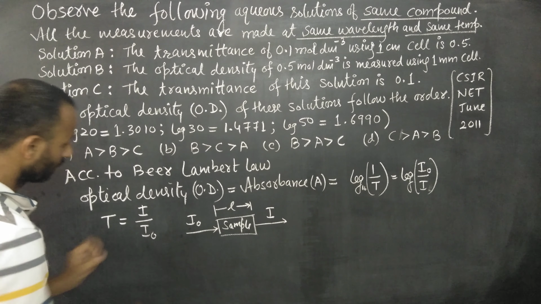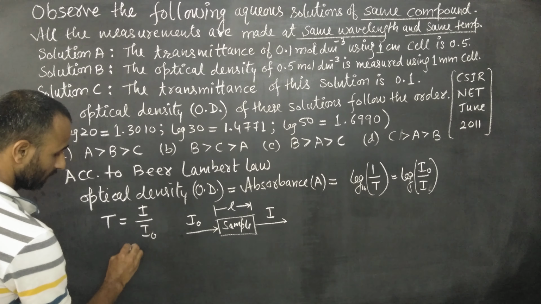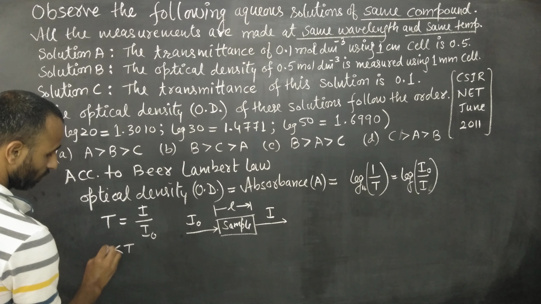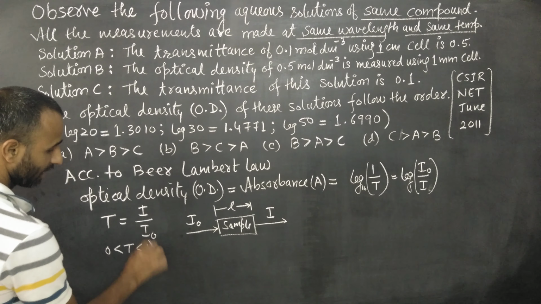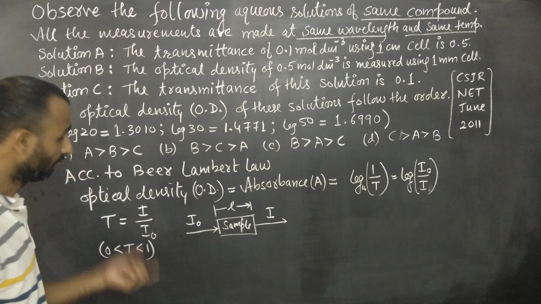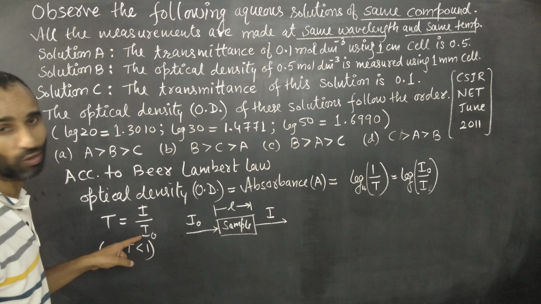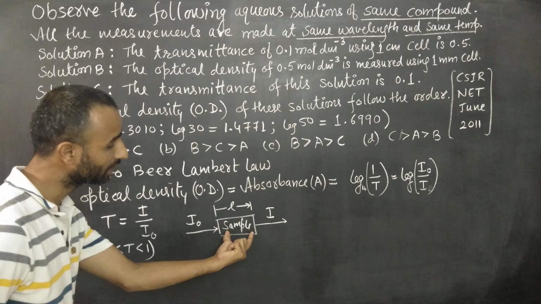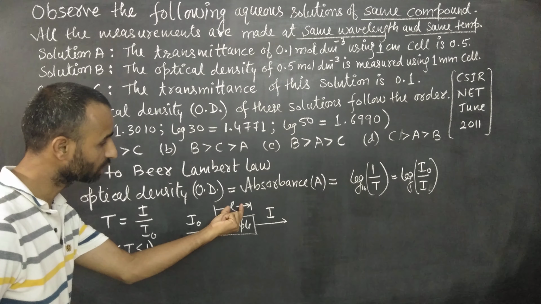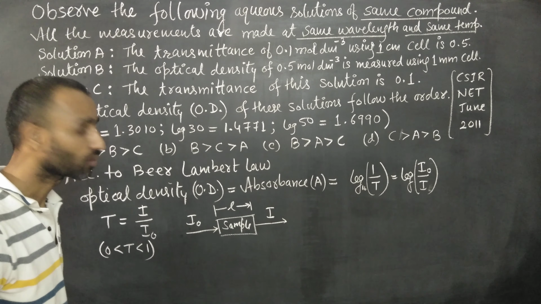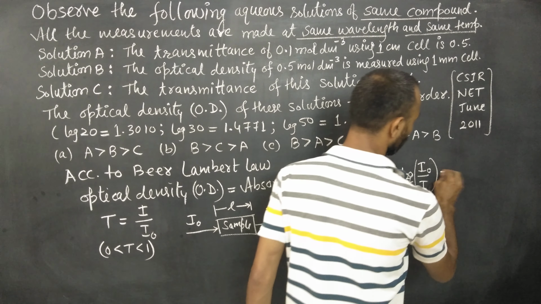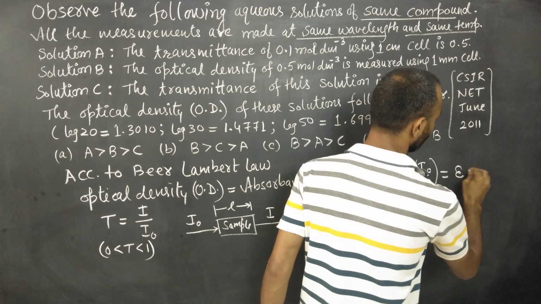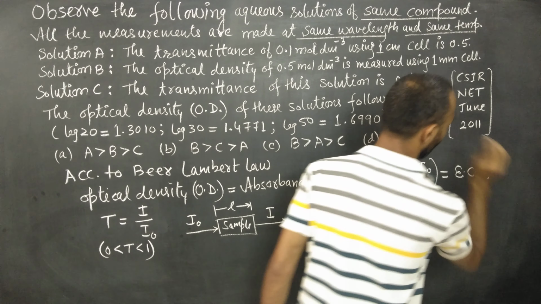So the value of transmittance is greater than 0 but always less than 1, because I can never be greater than I naught. It is always less, because some amount of light is absorbed here. That depends upon the length and concentration, so it is equal to epsilon C L.